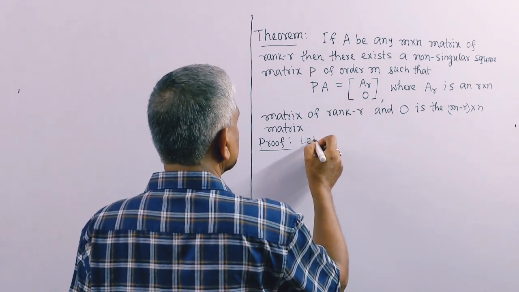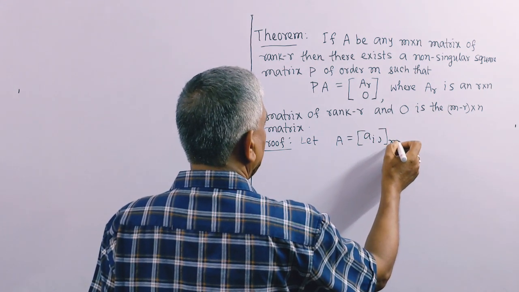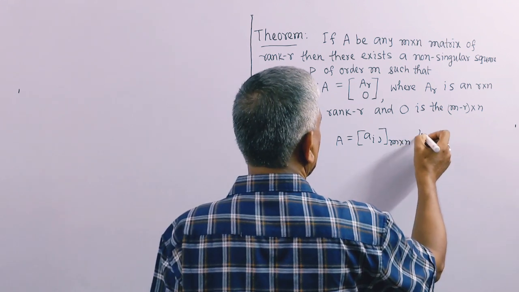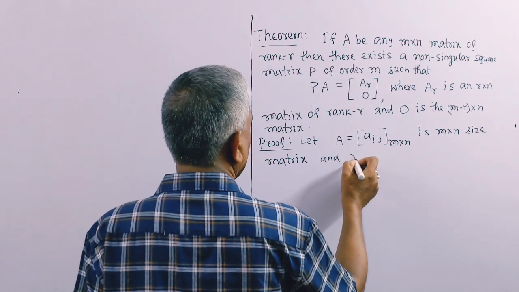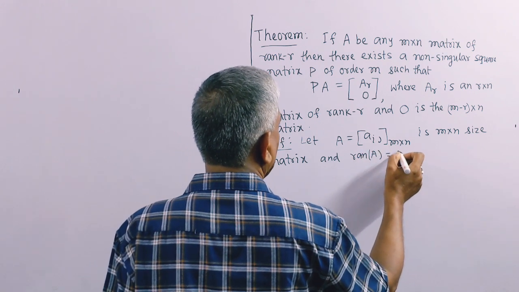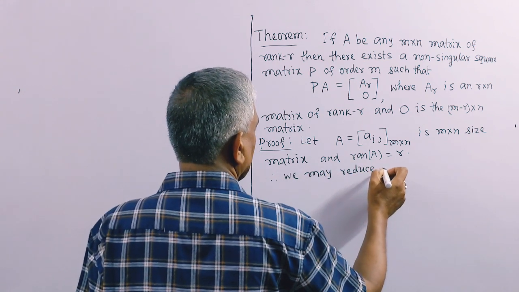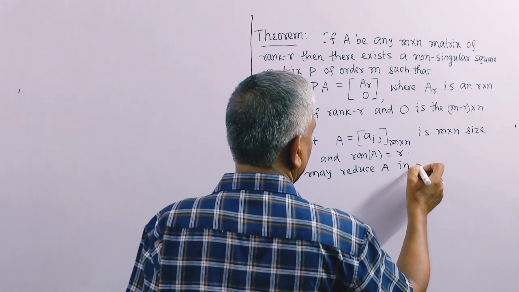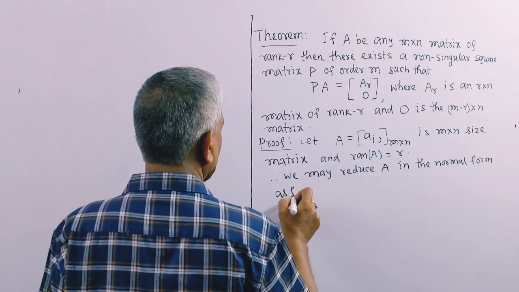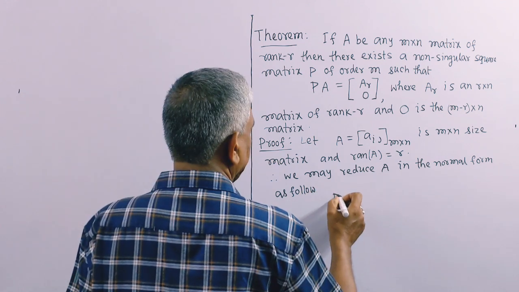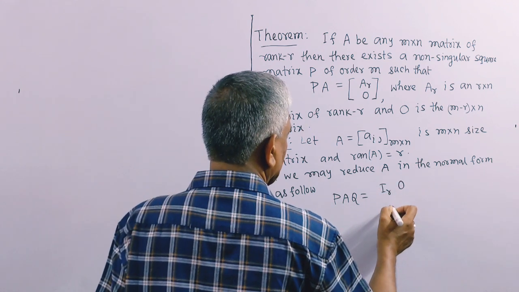Let A be an m by n size matrix and rank of A equal to R. Therefore, we may reduce A to the normal form as follows: PAQ equal to the matrix with IR, 0, 0, 0.